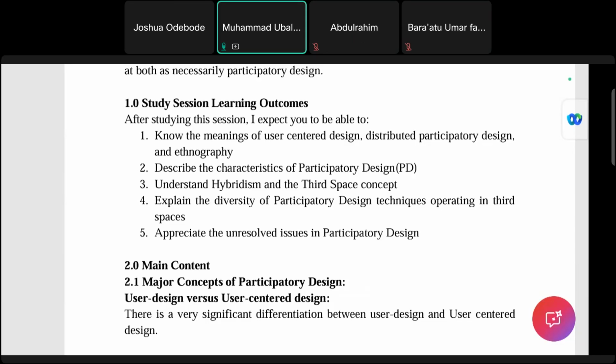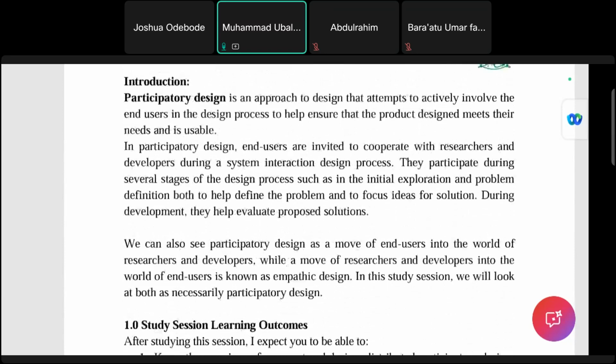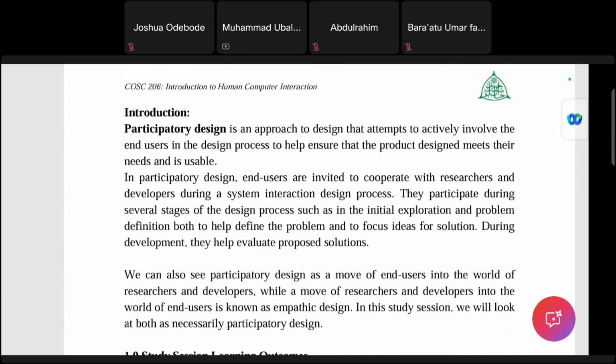So today's lecture is going to be about participatory design. And looking at the introduction, we can see that participatory design is an approach that actively involves end users in the design process to ensure that the final product has met its requirement as well as usability needs.